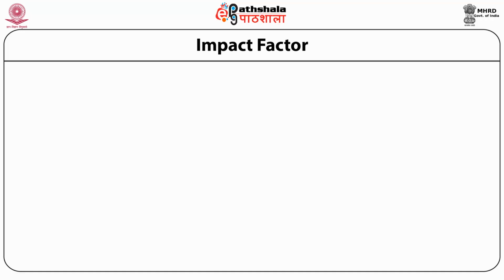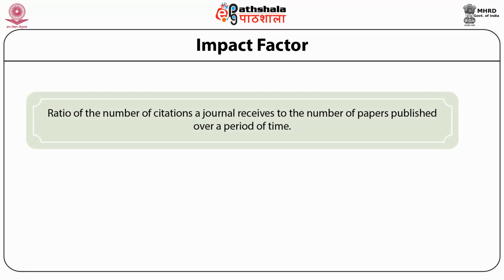Now we will define what is an impact factor. It is defined as the ratio of the number of citations a journal receives to the number of papers published over a period of time.